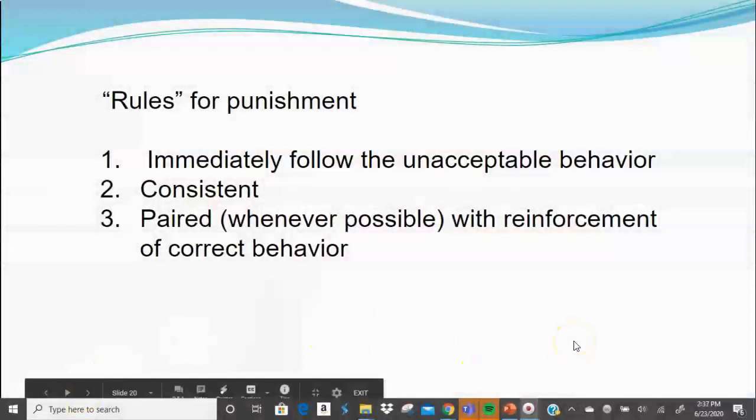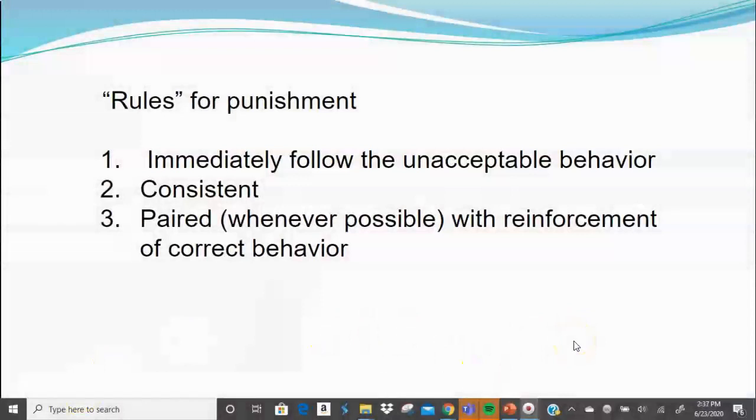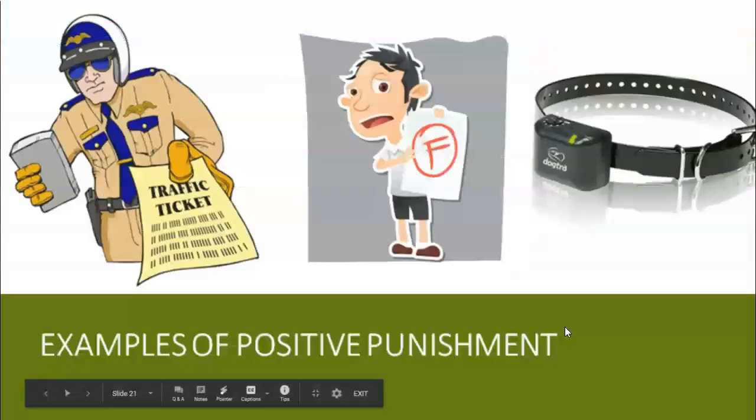The last thing but not least is it needs to be paired whenever possible with reinforcement of correct behavior. If we're working with a child and the child has done something naughty, of course we have to correct them, and that means we may have to punish them. But if we can have them do what I call a redo, then we can reinforce the good behavior they've done. So those are the rules for punishment.